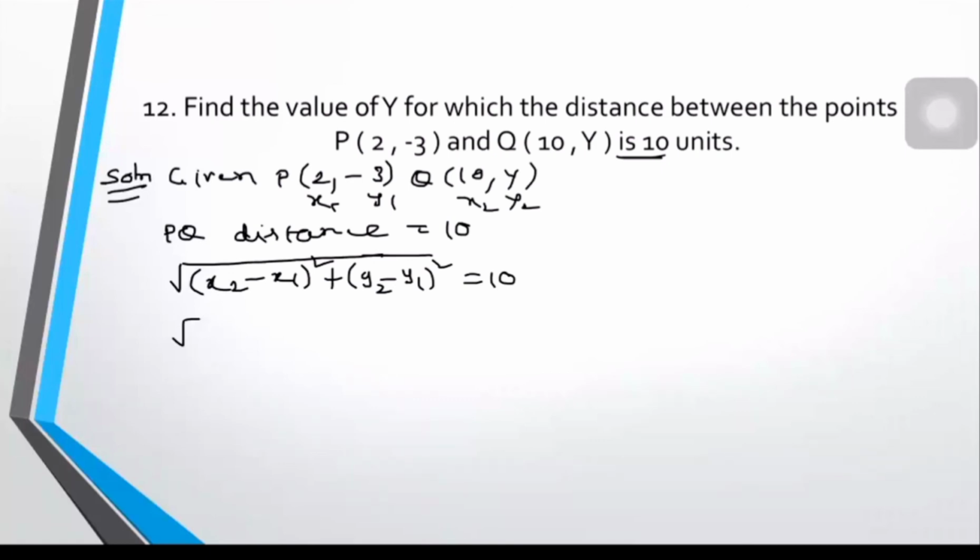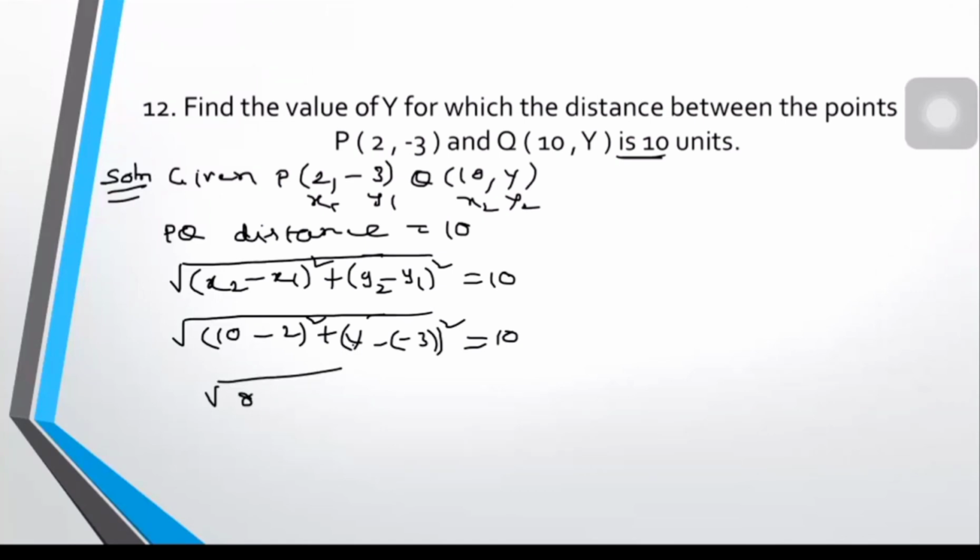So root of (10 minus 2) whole square plus (y minus of minus 3) whole square is equal to 10. So 10 minus 2 whole square is 8 square plus here y minus into minus is plus 3 whole square is equal to 10.